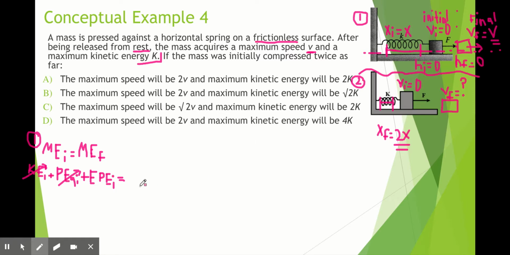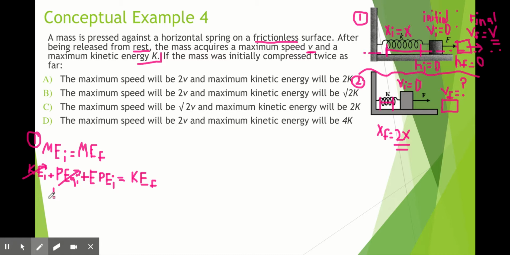The object's no longer attached to the spring and the spring is no longer compressed, so elastic potential energy will be 0. It's still at the same height that it began, so there will be no gravitational potential energy. There's only kinetic energy. So all of the energy stored in the spring, due to its position, is converted to kinetic energy after the spring and the mass are released.